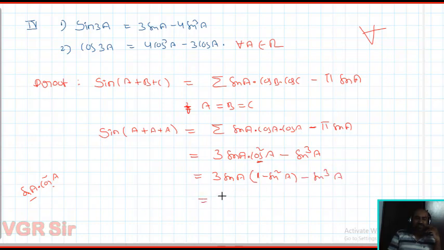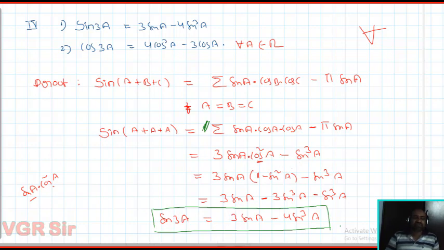This is the same as 3 sin a minus 3 sin cube a minus sin cube a. Multiplication: 3 sin a into 1 is 3 sin a, plus into minus minus, 3 sin a into sin square a, 3 sin cube a, minus sin cube a. So what you got here? 3 sin a minus 4 sin cube a. This is the formula of sin 3a. You should remember.